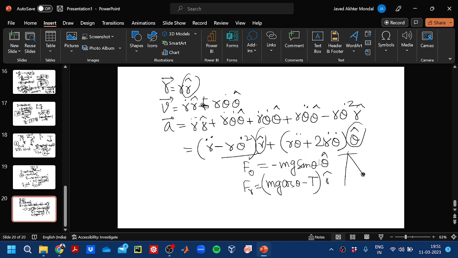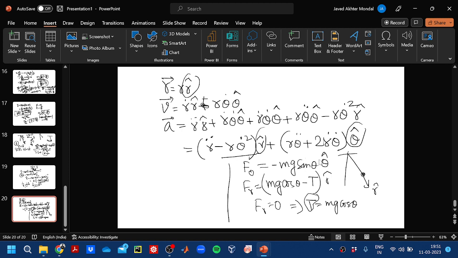Now if the string is rigid, that means it is not changing in length. That basically means in the r cap direction there is no net force. If there were a net force in the r cap direction, then the length of the string would change. As the length of the thread is not changing, the net force in the r cap direction will be 0. So we have T equal to mg cosine theta. This is the tension of the string.